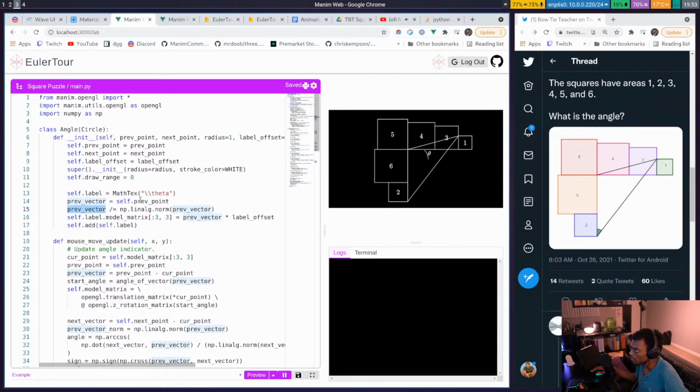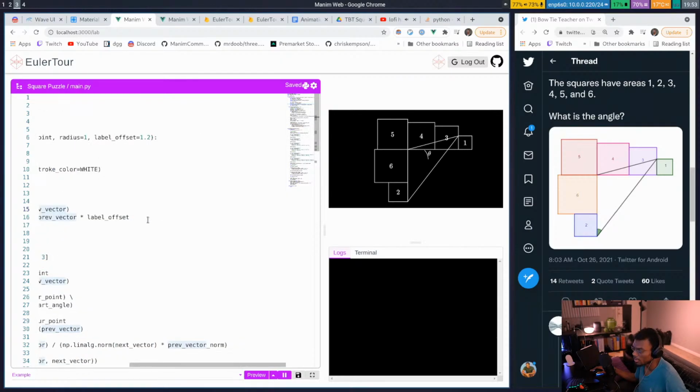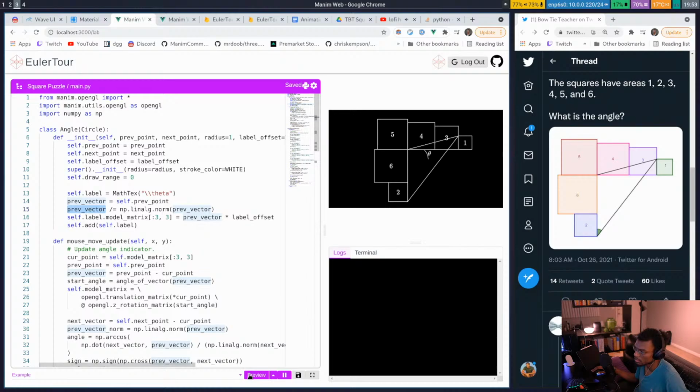Previous vector, that's a point. It's taking the unit vector. Oh, and then it's offsetting it by that much. Does this make sense? Yeah, I guess it does. It actually does. Okay.